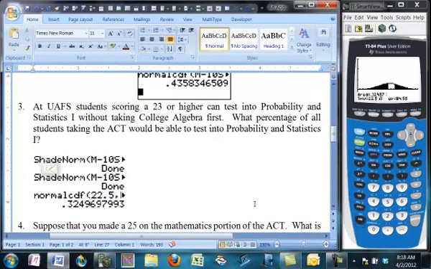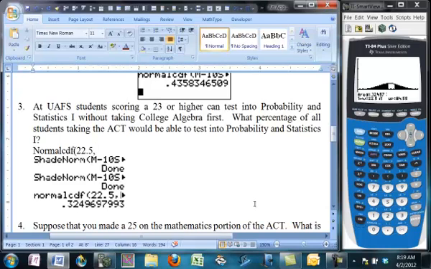So what we have here now is we've just computed this probability, and the way we put that in the calculator was normal CDF of where we're starting, 22.5, and again we put that 0.5 because we're rounding off because of a discrete distribution instead of putting the 23.